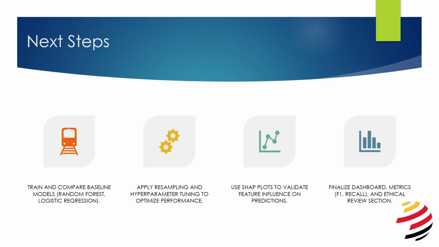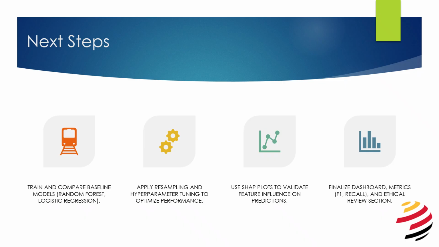Each model will be assessed using different metrics such as per-class recall, precision, micro and weighted F1 scores, and confusion matrices. I will also apply hyperparameter tuning to improve model performance and address overfitting. Because of the class imbalance, I will use resampling strategies like SMOTE and class weighting during training.